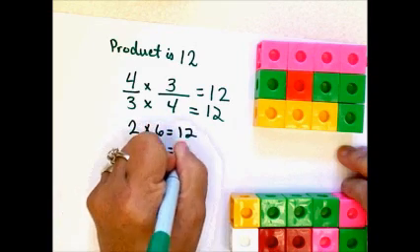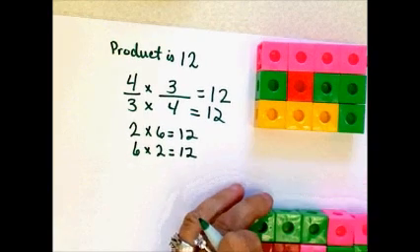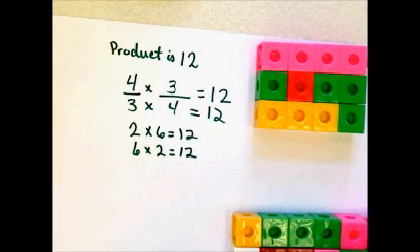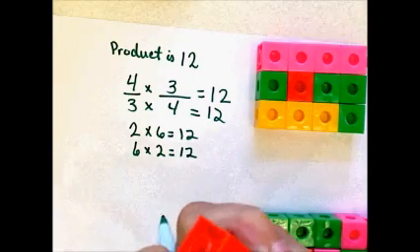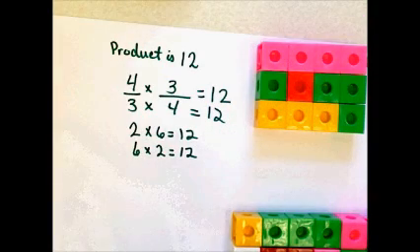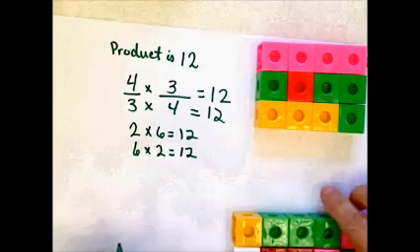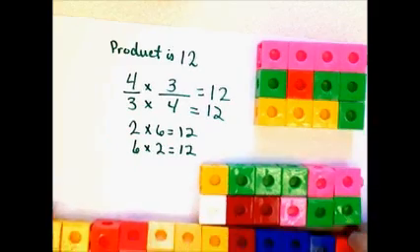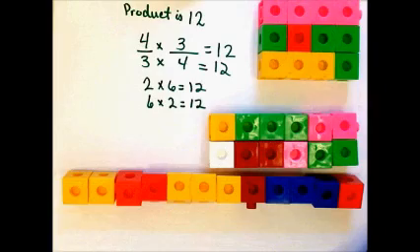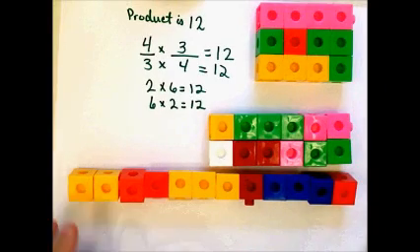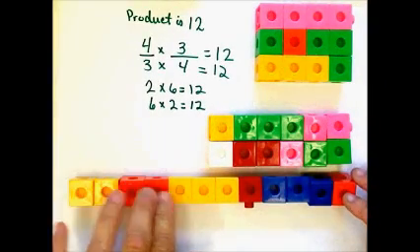And my last set of factors, now the last way that I've got, and I think I'm going to have to zoom out just a little bit. Okay, so we can see 12 cubes.